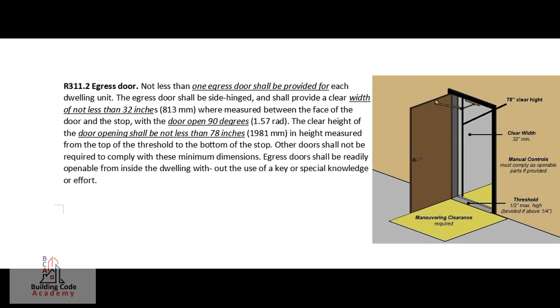The clear height of the door opening shall not be less than 78 inches, 1,981 millimeters in height, measured from the top of the threshold to the bottom of the stop. Other doors shall not be required to comply with these minimum dimensions. Egress doors shall be readily openable from inside the dwelling without the use of a key or special knowledge or effort.